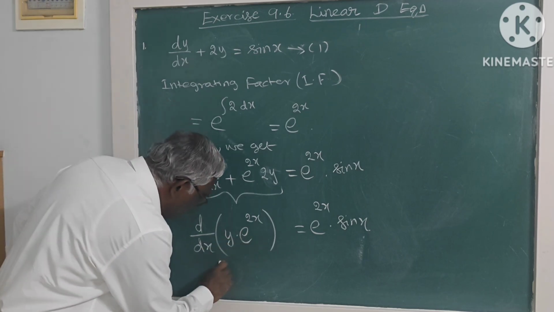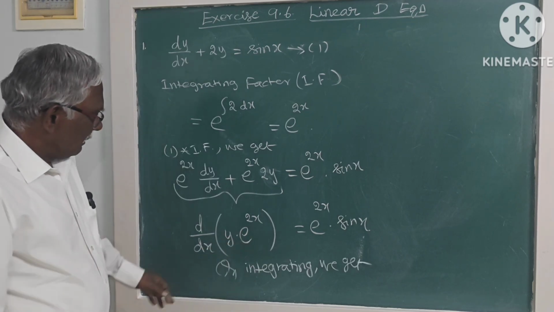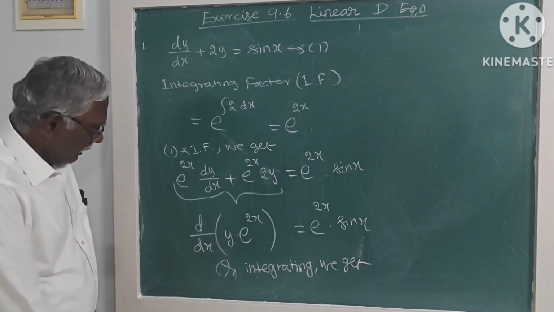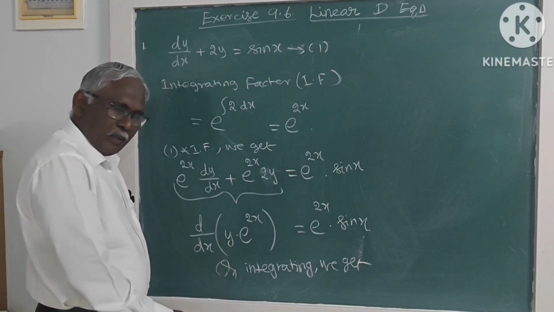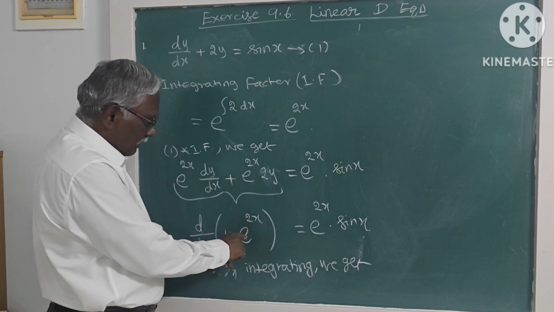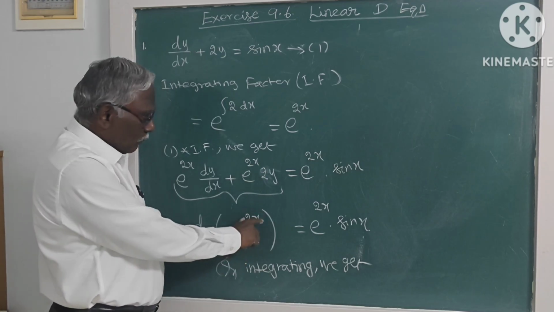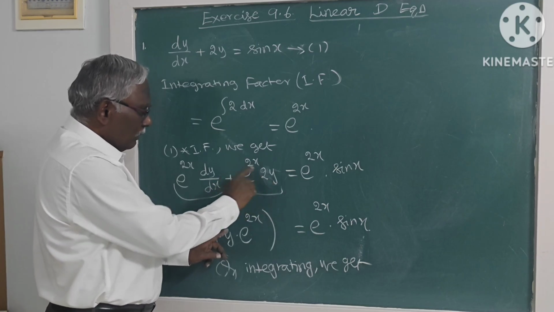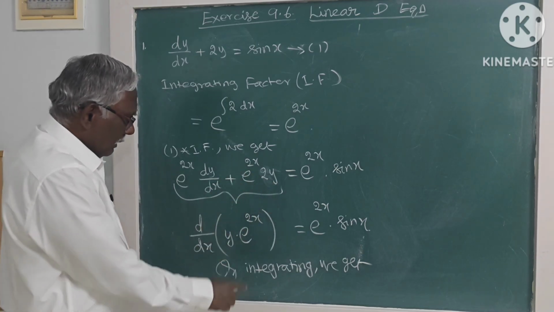On integrating we get, so before that we will differentiate and see whether we are getting this term. So this is a uv form, so y into, if we differentiate e power 2x, e power 2x into 2 will come. So y into e power 2x into 2 has come, this term.